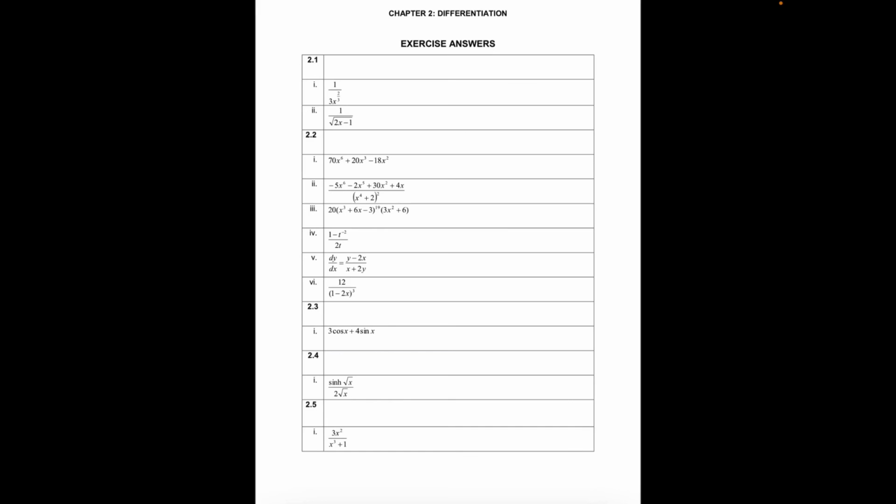You can refer to exercise 2.1, 2.2, 2.3, 2.4, 2.5. We only go up to 2.7. So you can screenshot and save these answers for your future reference.